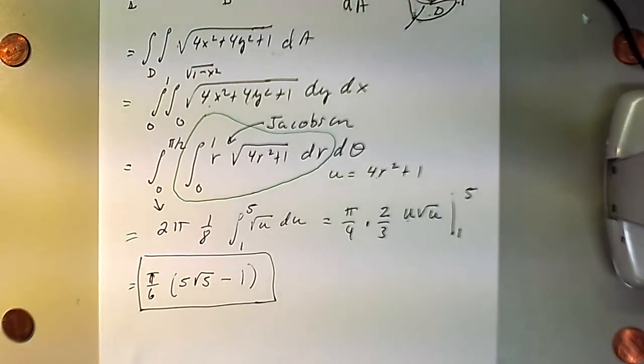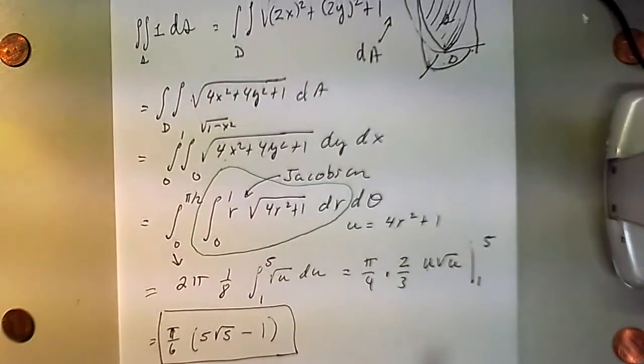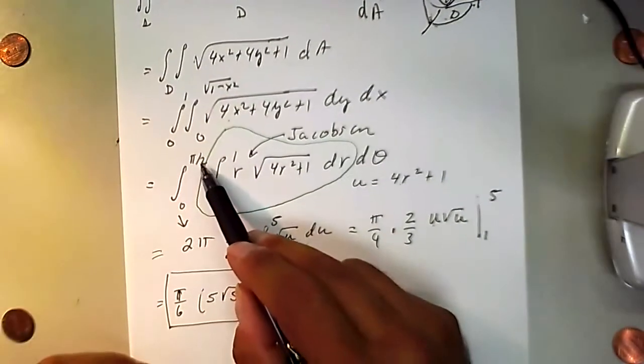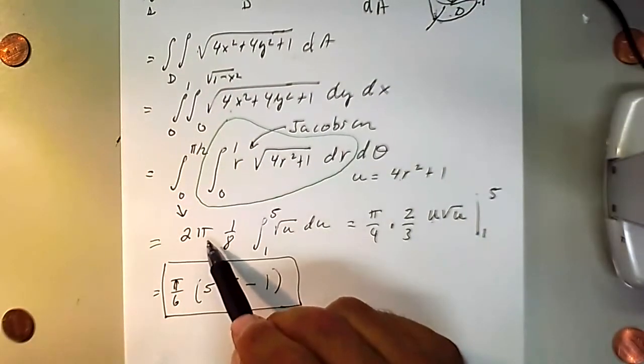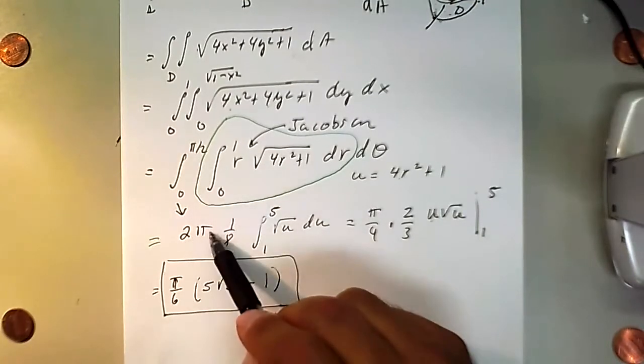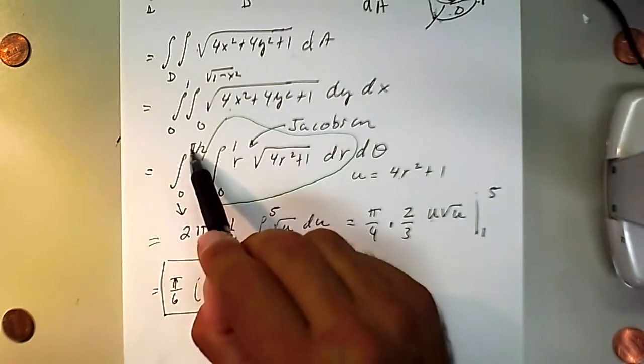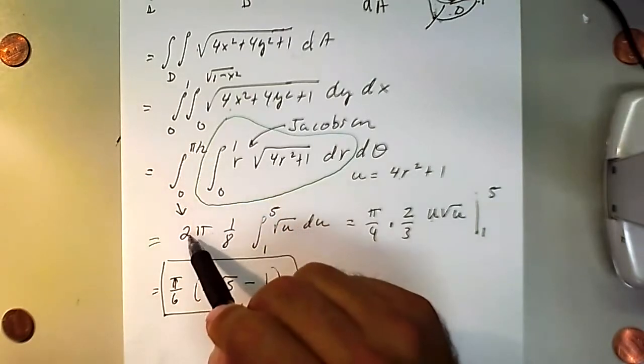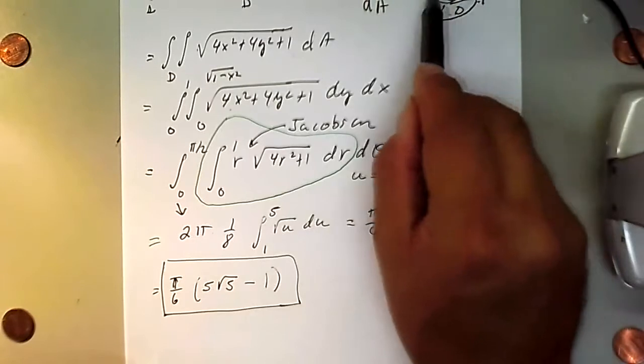I'm just checking something here. This is pi over 2. So this did not match the answer I had initially. 2 pi would be the answer if we were going from 0 to 2 pi, and that would be for the entire disk.